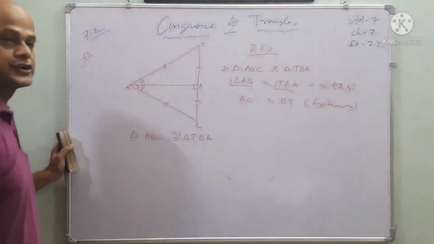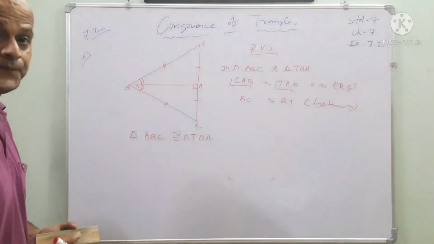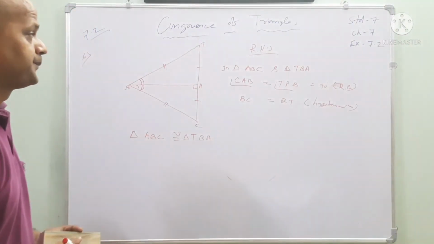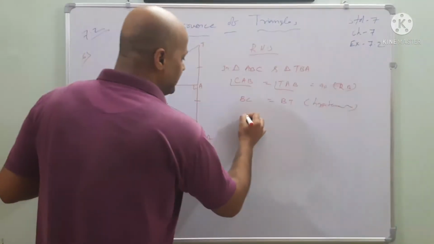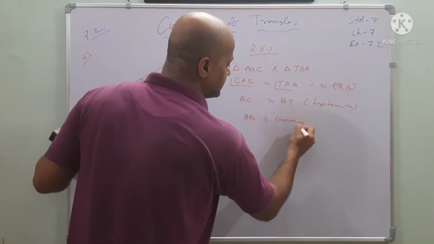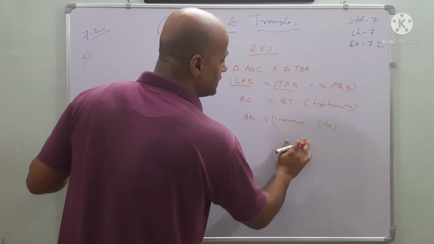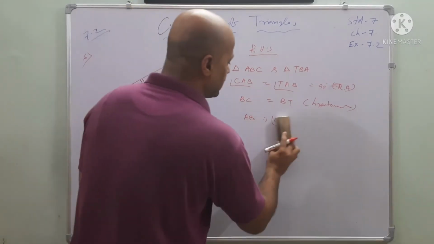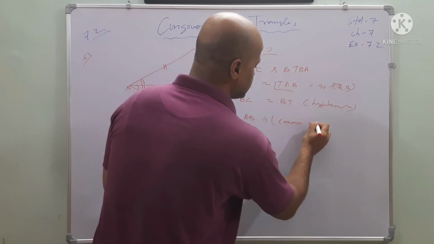Okay, understood? Next one, which one will be there? Very good, Sumit. It is what? AB is common in both the cases. This is the side. Common side, you just write common side.